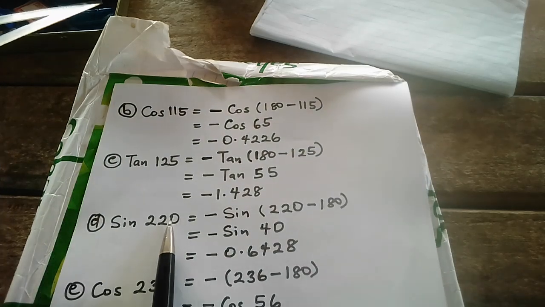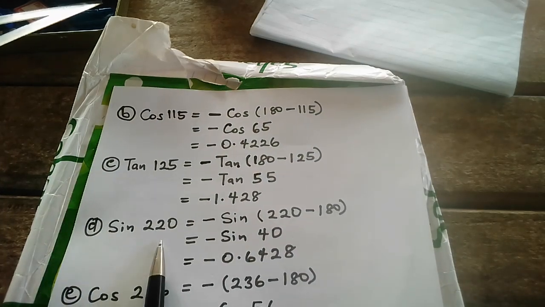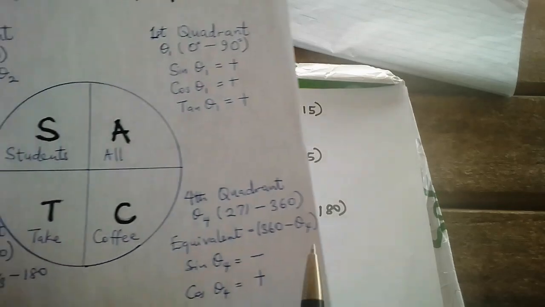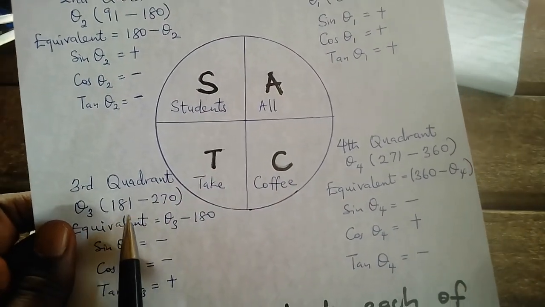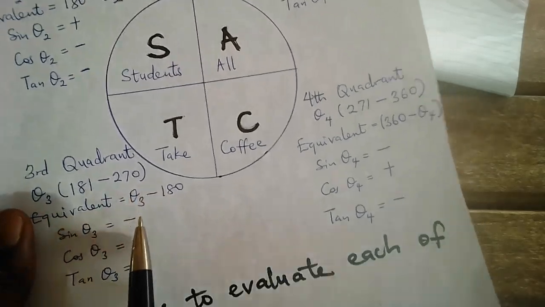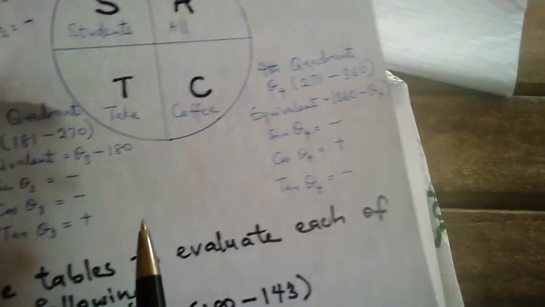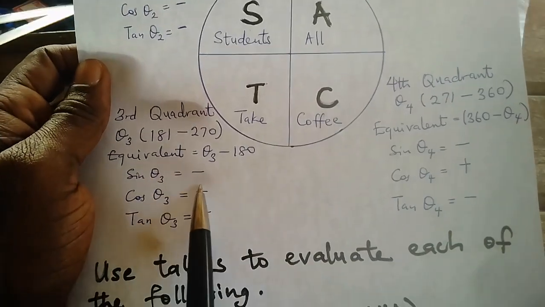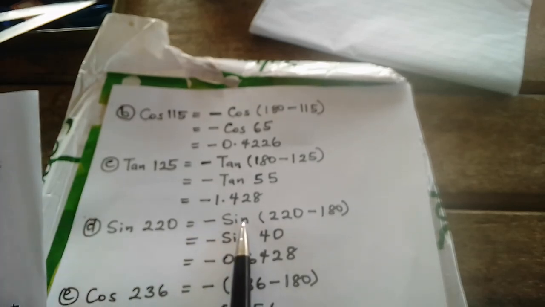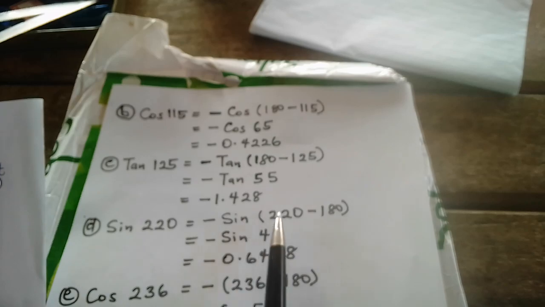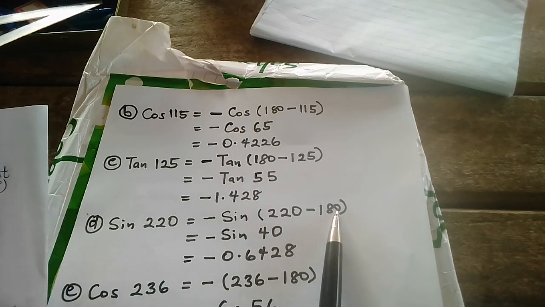Then another example, sine 220. 220 is in the third quadrant, between 181 and 270. So in the third quadrant, we realize that sine is negative. So the value will be negative sine. We now write the equivalent in the first quadrant, which is 220 minus 180.